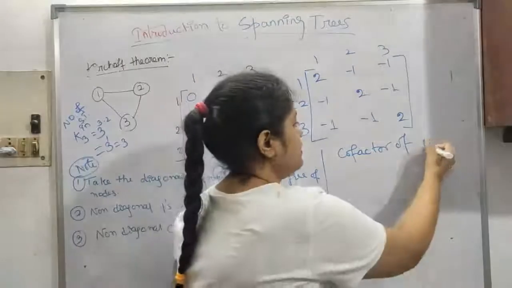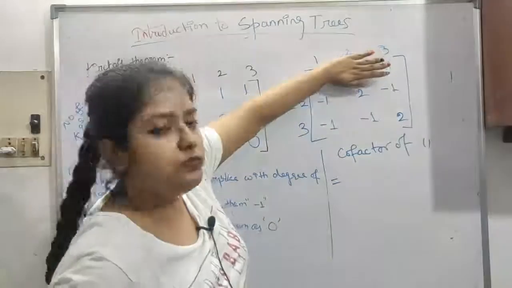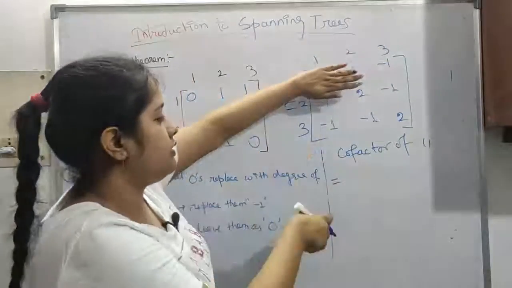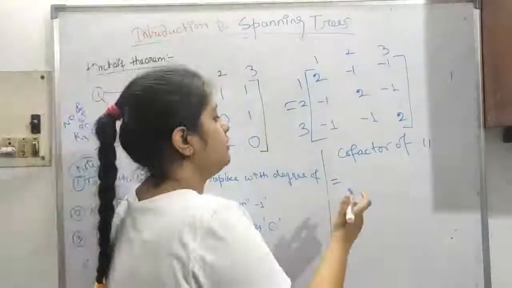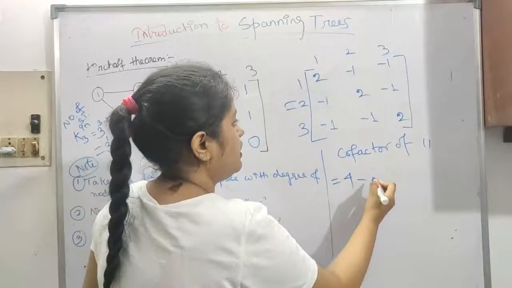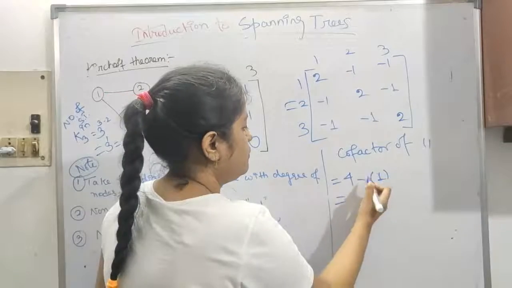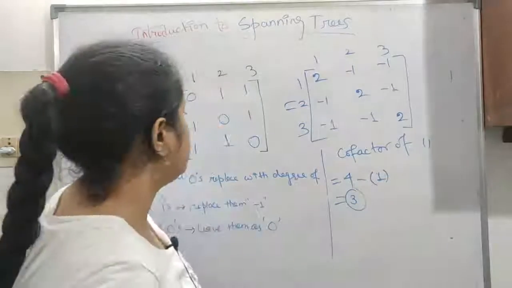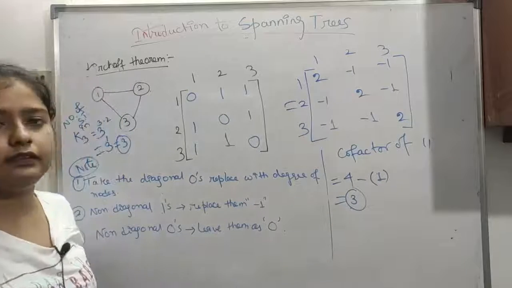Let's say 1 1, the easiest one. Cofactor of 1 1 means we remove the 1 1 row and the 1 1 column and find the determinant of the rest. So 2 times 2 is 4, minus of minus 1 is plus 1, so 4 minus 1 is 3. So 3 was there, 3 is coming, so you can check that this is correct.